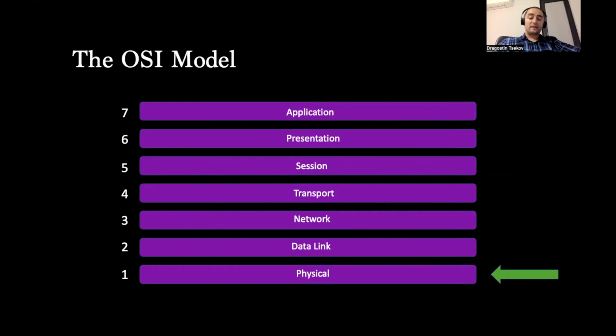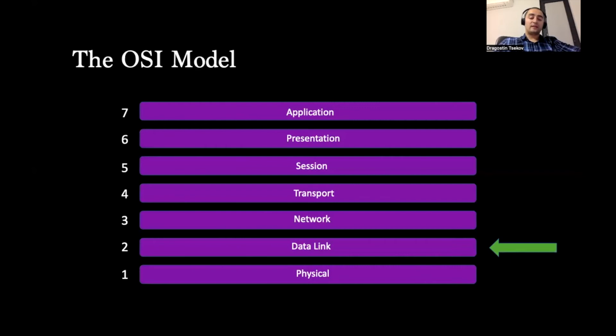But the point is that on the physical layer, the information is traversing either as electric signals or as light signals or as wireless waves, depending on what the medium is. So this is why I'm saying that it's one of the OSI layers that are relatively straightforward. Okay. So let's now move on to the data link layer.